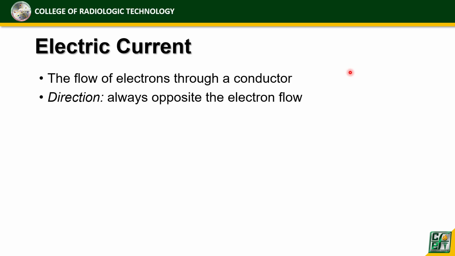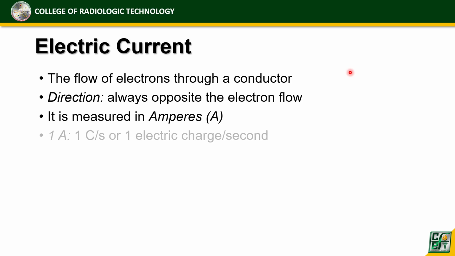So, direction niya ay always opposite the electron flow. So, measured in amperes. So, 1 ampere is equal to 1 coulomb per second or 1 electric charge per second. Okay?